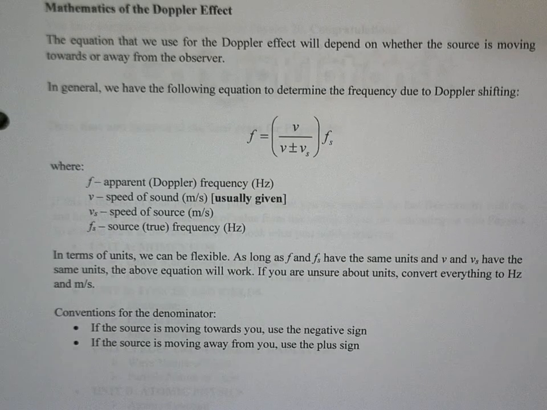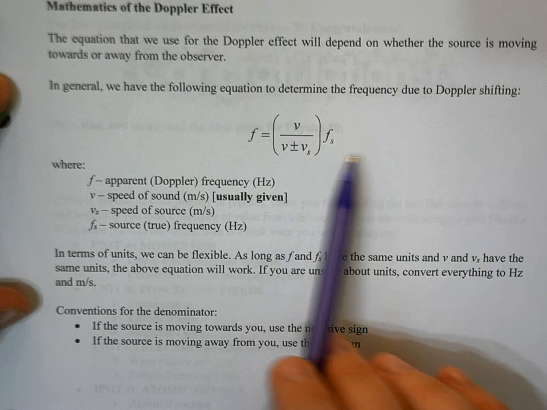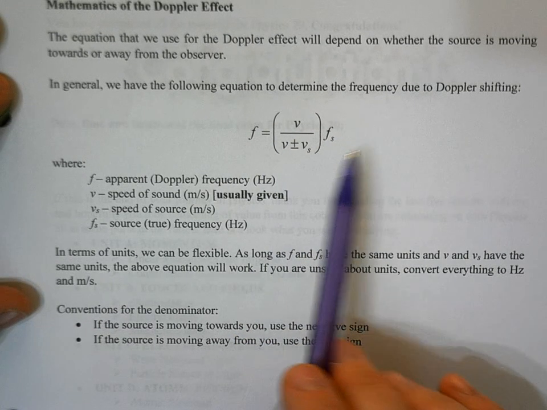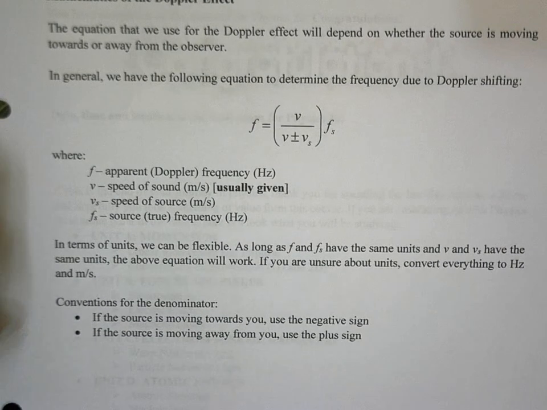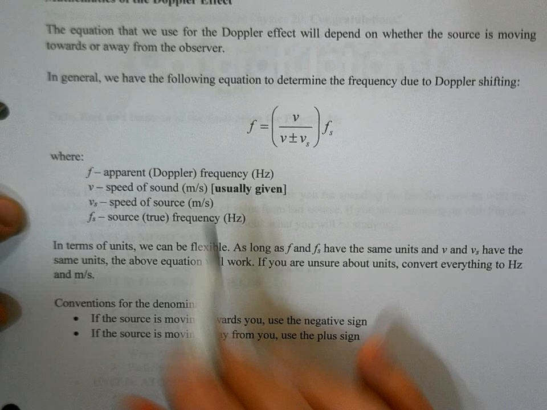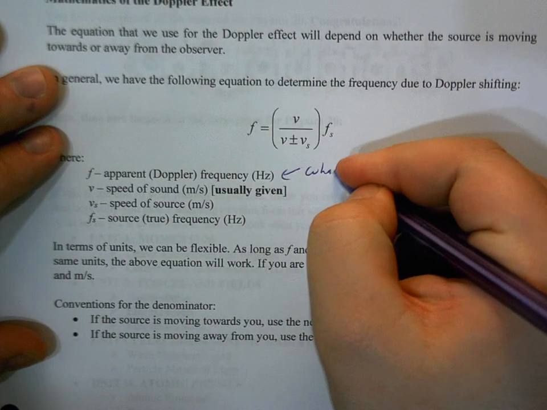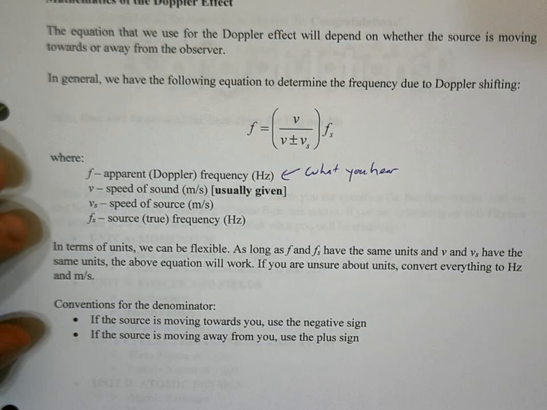So we have the following equation for the frequency due to Doppler shifting. F equals V divided by V plus or minus Vs, times Fs. A lot going on in here. Let's look. F is this apparent or Doppler frequency. So this is what you hear when the object happens to be moving.